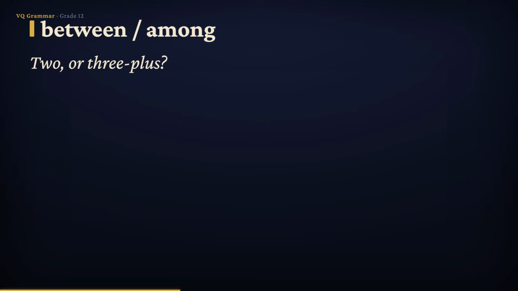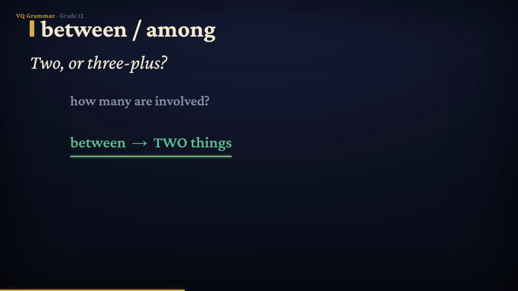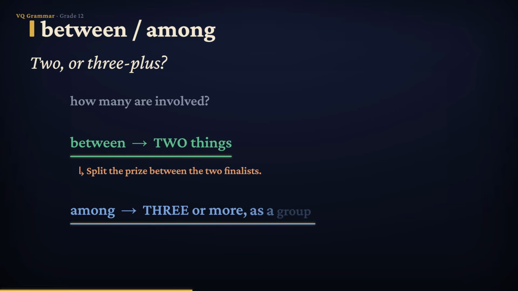Fifth, a pair that depends entirely on counting. Between and among. Use between when you're talking about two things, two people, two choices, two places. Split the prize between the two finalists, just the pair of them. Use among when there are 3 or more, considered together as a group.